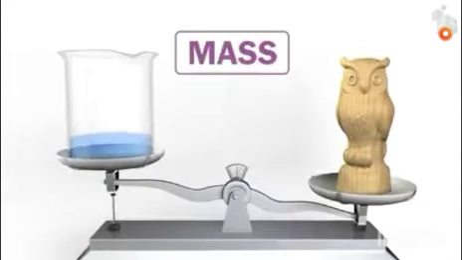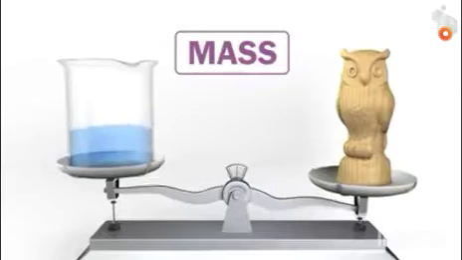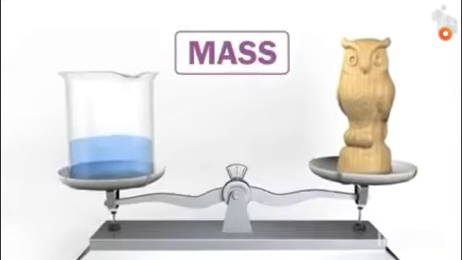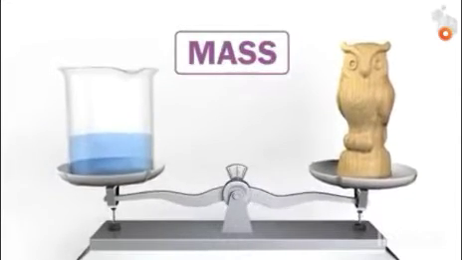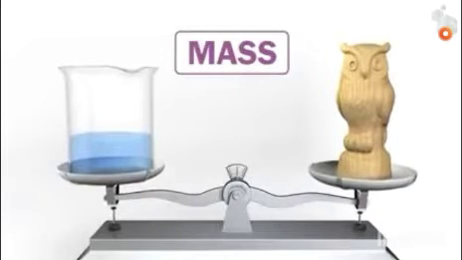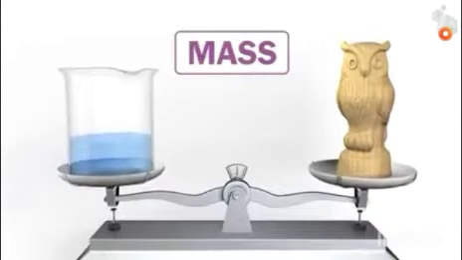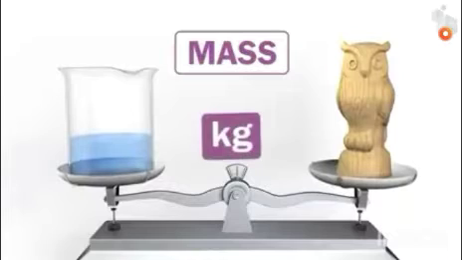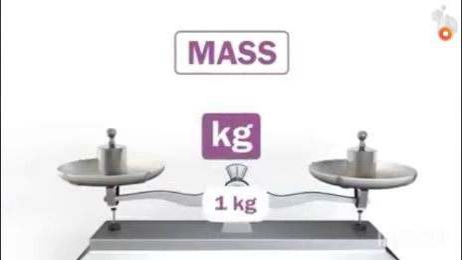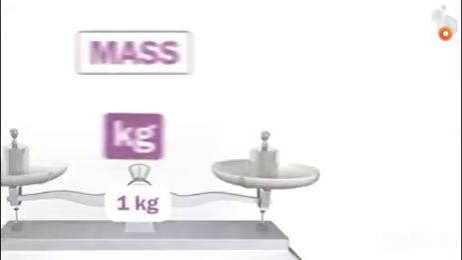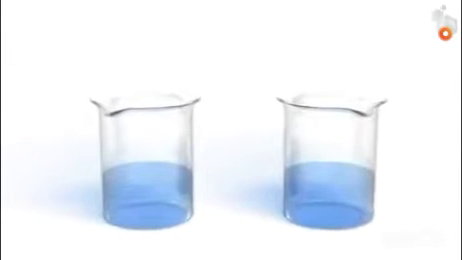If you increase the size of an object, the mass increases. As you can see here, the two things are compared, and as you increase the mass on both sides, the balance between them equalizes. Mass is measured in kilograms and grams.